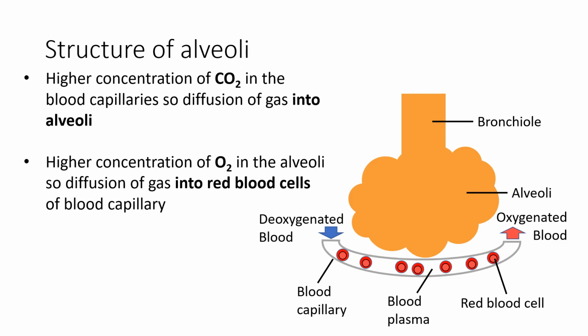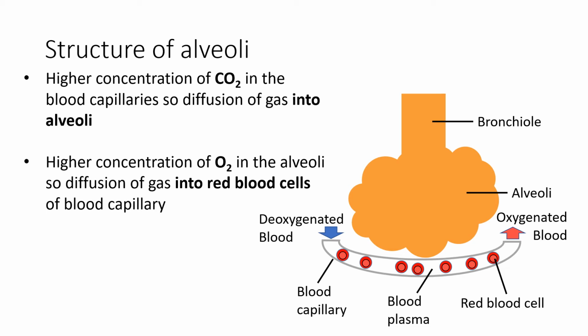Because of the constant inhaling and exhaling of air, what we have is a high concentration of certain gases inside the alveoli and a low concentration of other gases inside the alveoli. Remember, air is actually a mixture of gases, including carbon dioxide and oxygen, and those are the two main gases we need to talk about. When we breathe in, we breathe air.